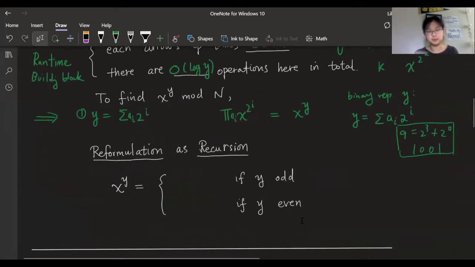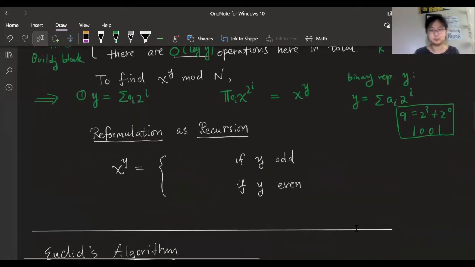So what do I mean by recursion? If I want to calculate x to the y, all I have to do is go one level down. I want to get something that squares to x to the y, or something that squares to almost x to the y. This might be a little bit vague, so let me write down what I'm trying to say.